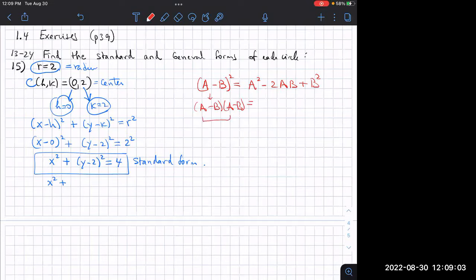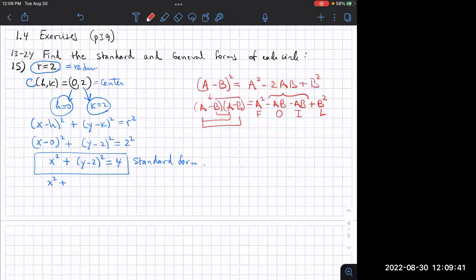The first is a times a, which is a squared. The outer is a times negative b, which is negative ab. The inner is negative b times a, which is negative ab. Because the two factors are the same, the outer and the inner are always the same. The last is negative b times negative b, which is plus b squared. That's why you have two ABs.